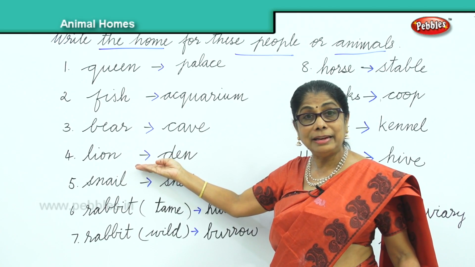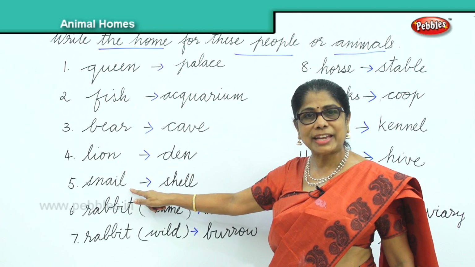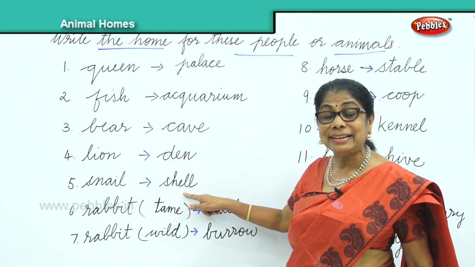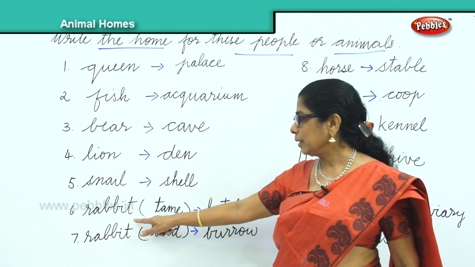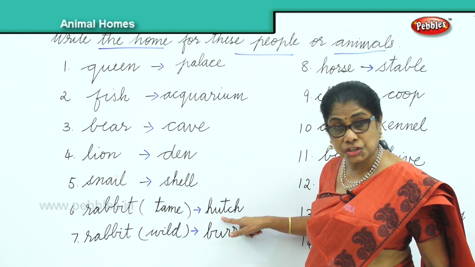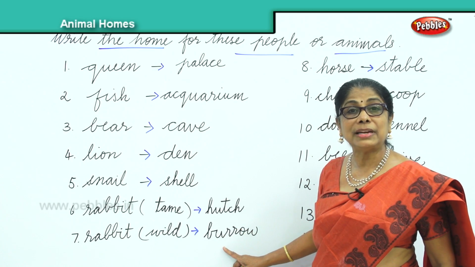Lion lives in a den. Snail, she carries her home on her back. She lives inside the shell. Rabbit, a tame rabbit, lives in a hutch. The wild rabbit lives in a burrow.